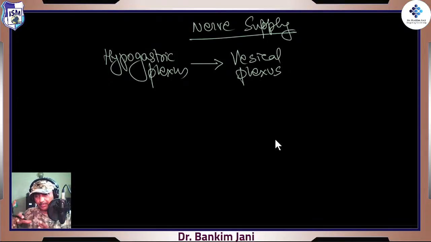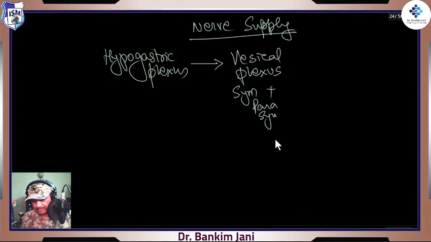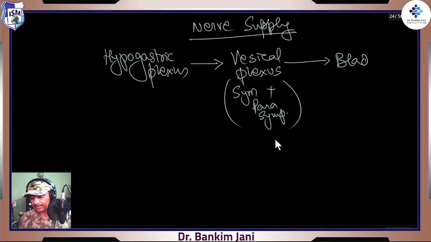It is this plexus where everyone meets. It is over here where the sympathetic plus parasympathetic meet, and then they enter into the urinary bladder. That's the whole idea. To be very specific, this would be the inferior hypogastric plexus.